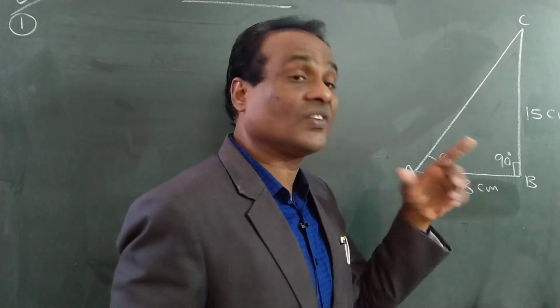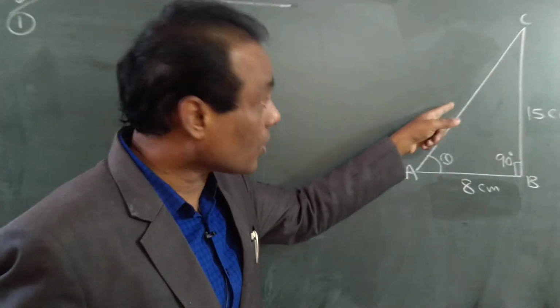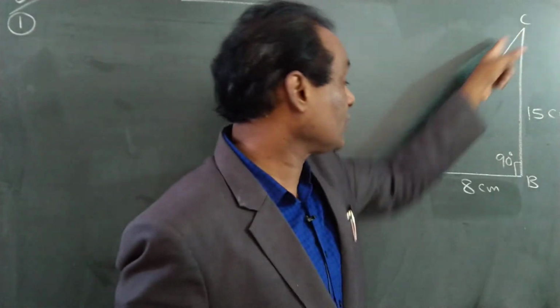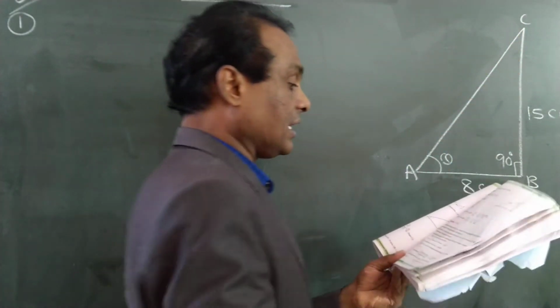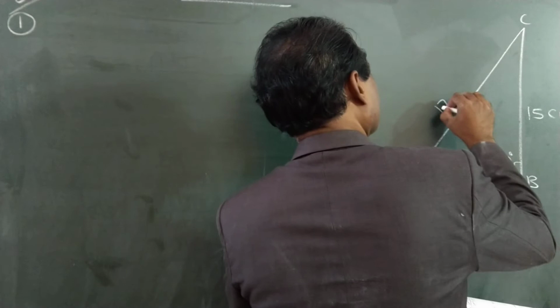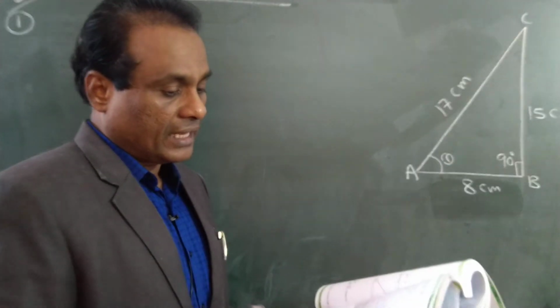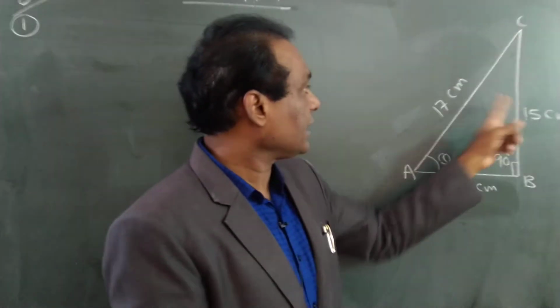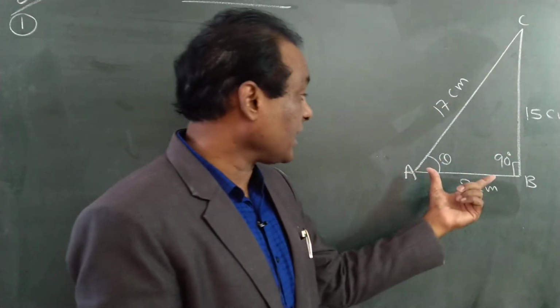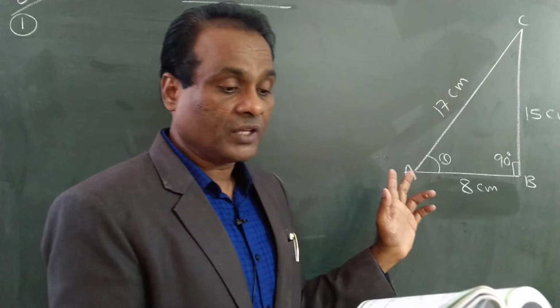Among these three sides, which is the biggest side? Hypotenuse is the biggest side. So CA, the biggest side, is 17.